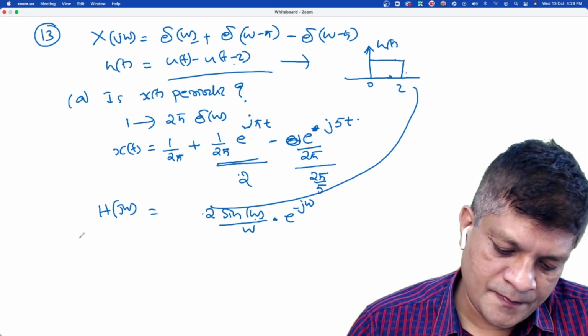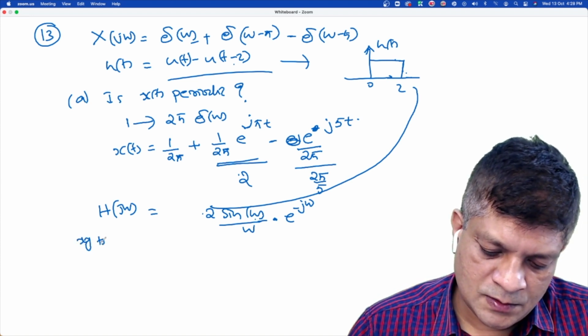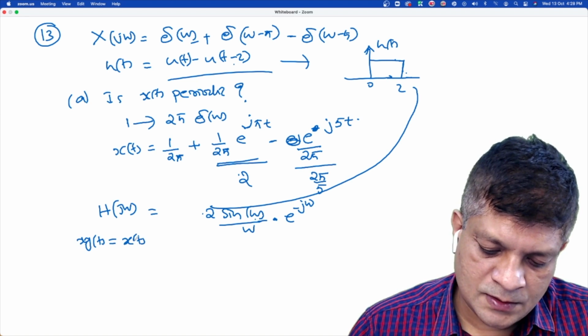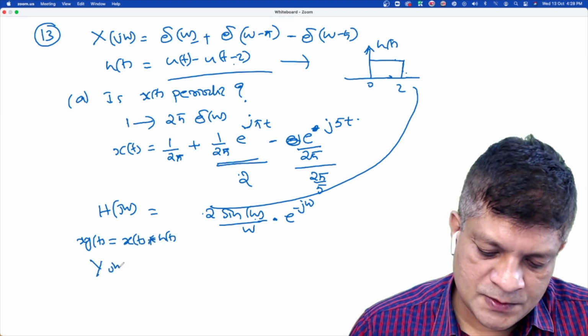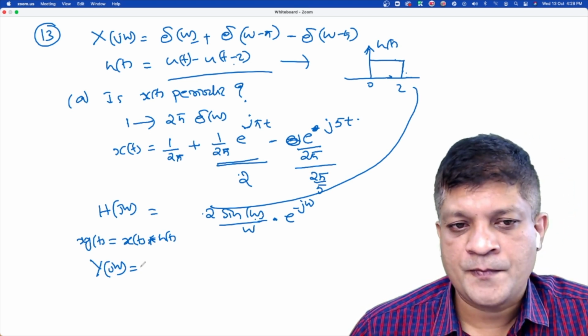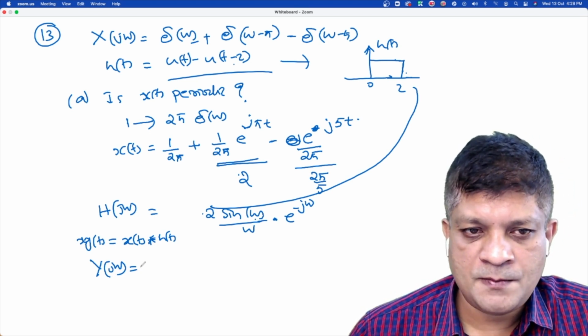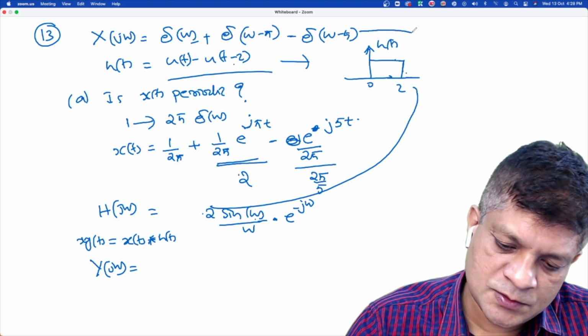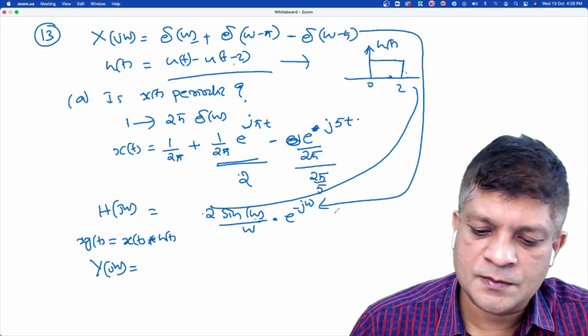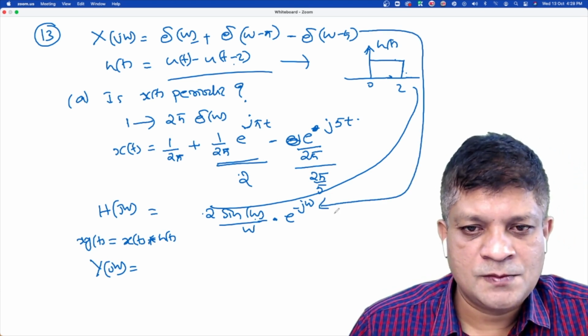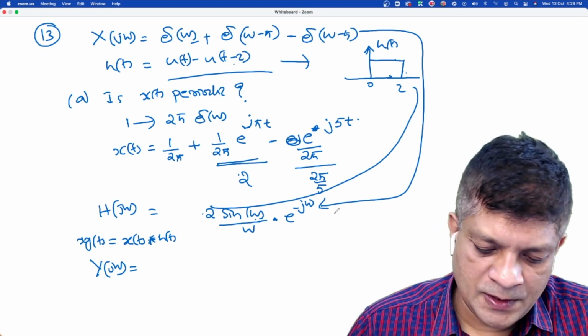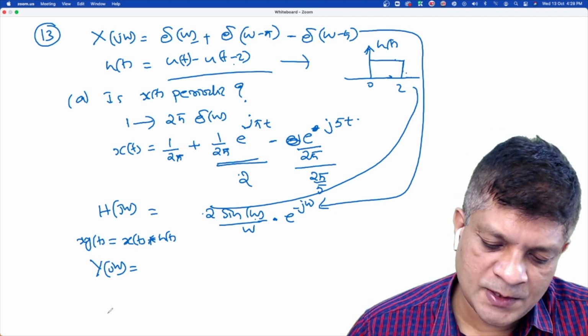Now let's say y(t) is equal to x(t) convolution h(t). What about Y(j omega)? You have to multiply these two. Can you find Y(j omega)?